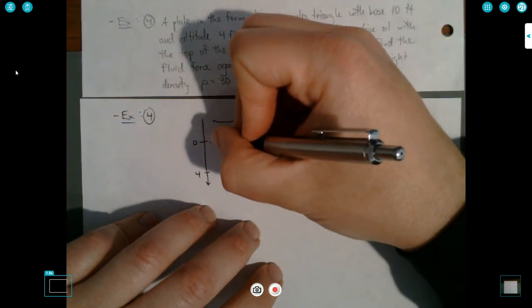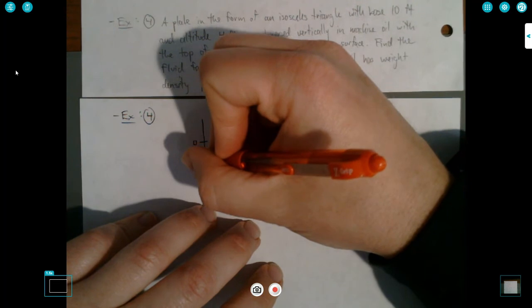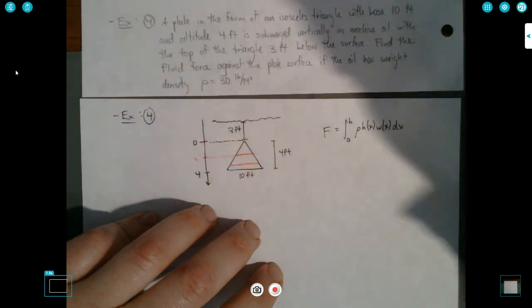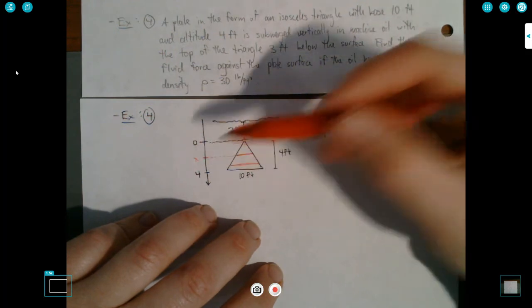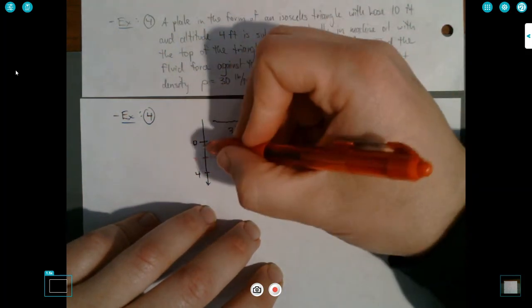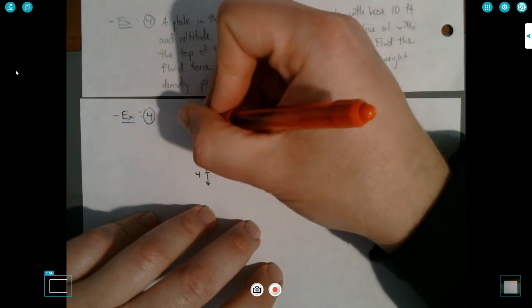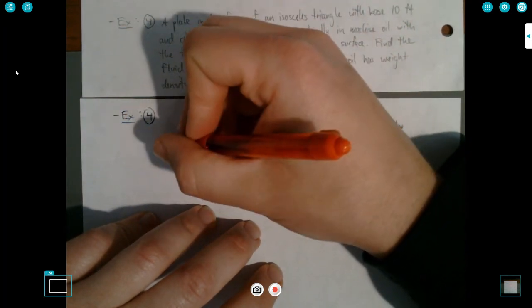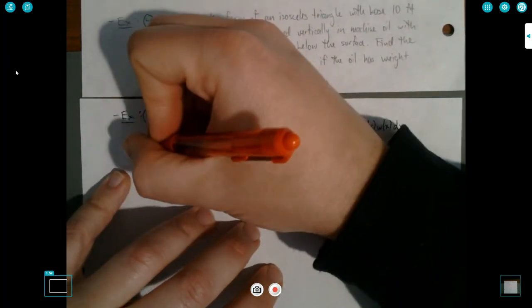So this height is 0. If I take this slice to be x, the depth would not be x, the depth would be x plus 3, since we're 3 feet down. So we're going to say h of x is x plus 3.